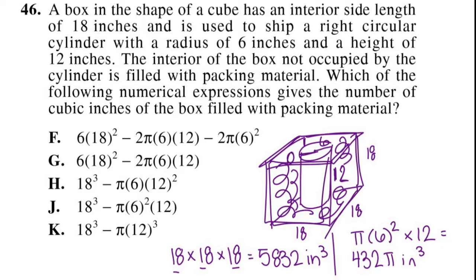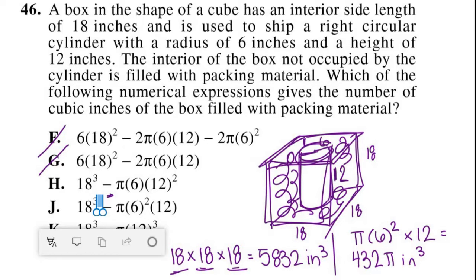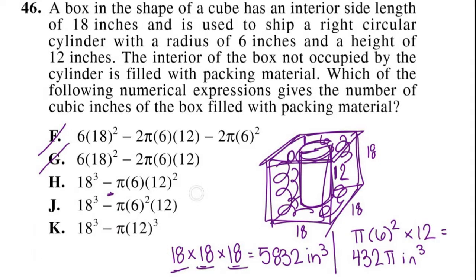And then we're going to subtract the volume of our cylinder to find the remaining volume. So we know it's not F or G because we need this 18 cubed, which is the same thing as saying 18 times 18 times 18. Then we're going to subtract pi times radius squared times 12.